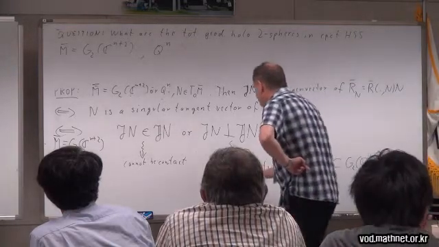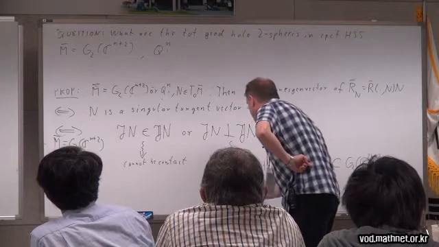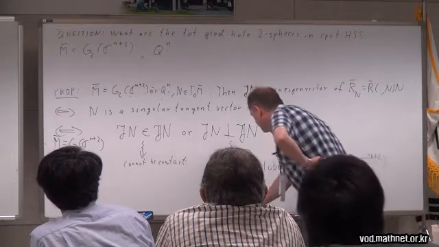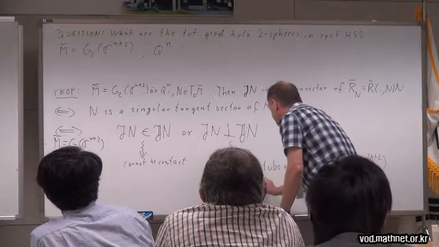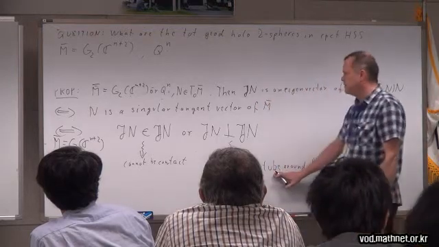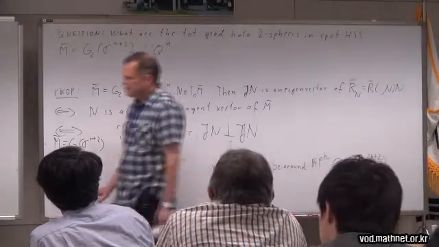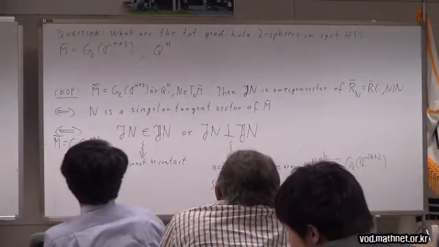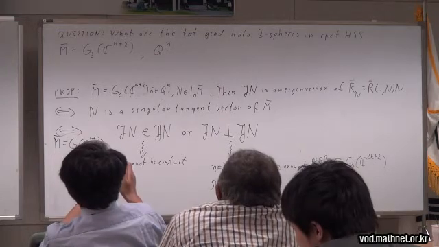This was proved by Su in 2006. This is the only contact hypersurface under the assumption that this is an eigenvector, or equivalently, that the mean curvature is constant.